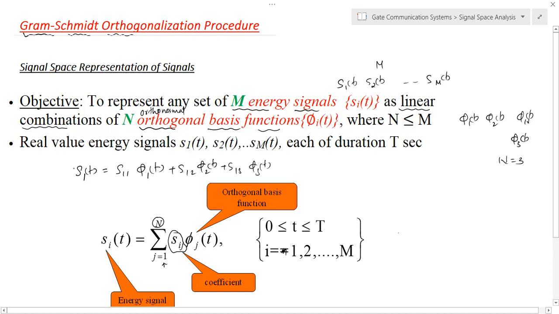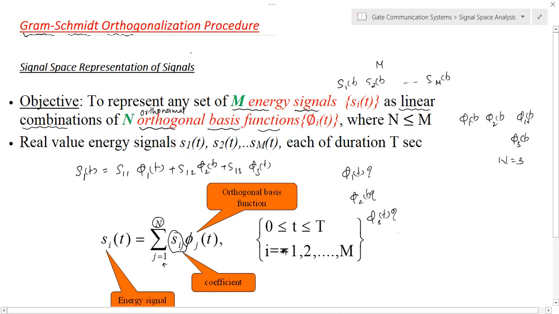So we can see that the signal S1 of t we can represent as a linear combination of phi 1 of t, phi 2 of t, and phi 3 of t. So the question is how we can find phi 1 of t, and how phi 2 of t, and how phi 3 of t in this particular example.